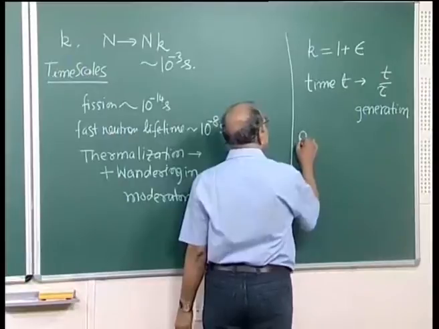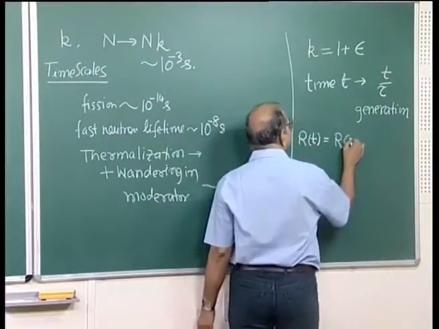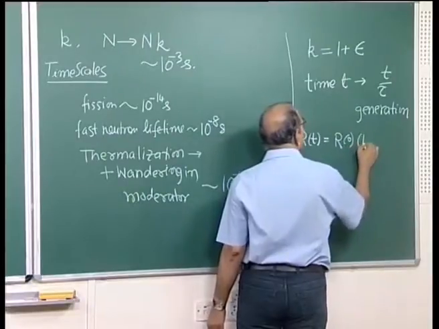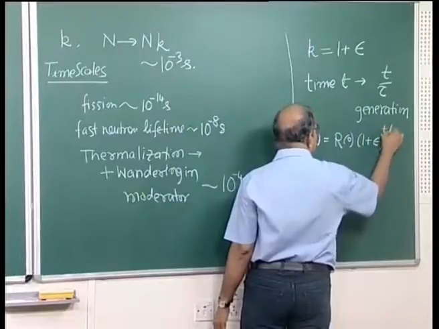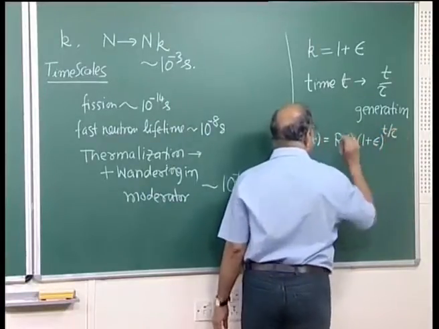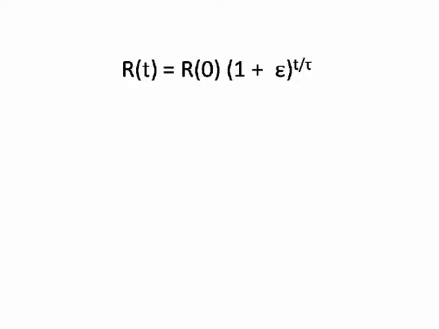Therefore, the rate of reaction R at time t will be rate of reaction at time 0 times (1 plus epsilon), that is k, to the power t by tau. So, the rate will depend on time, the rate will increase with time if epsilon is positive.